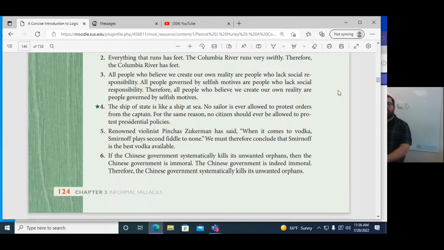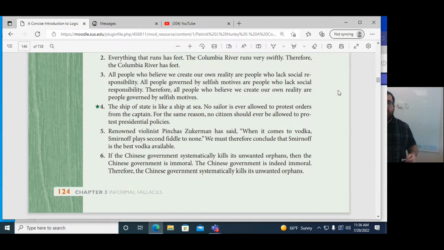Pause to consider. So, did you get the fact that there's no form here that we're aware of? So if there's no formal violation of rules, then what is it? Pause to consider. It's informal fallacy, that's right.